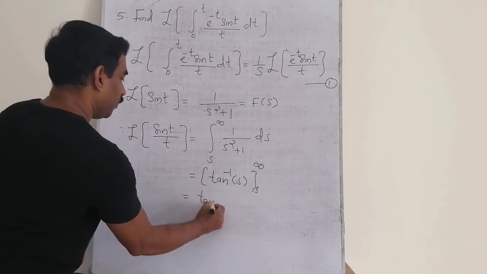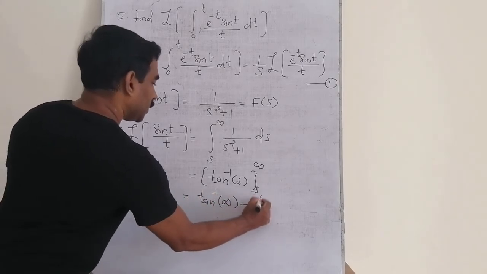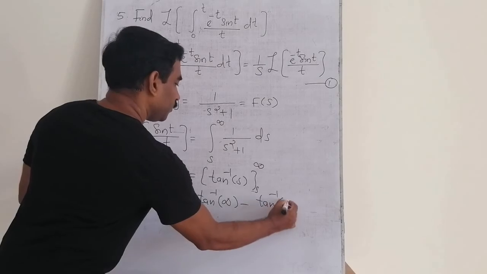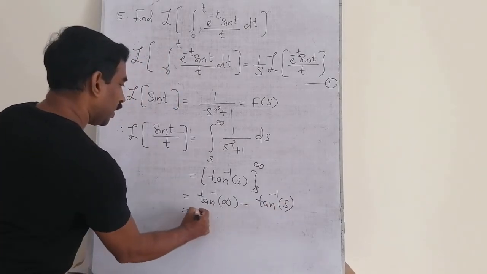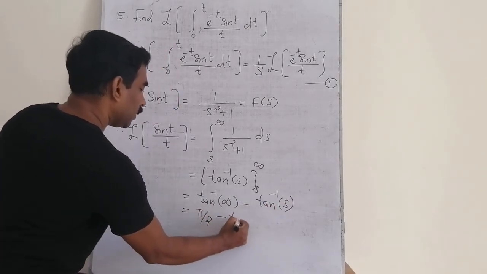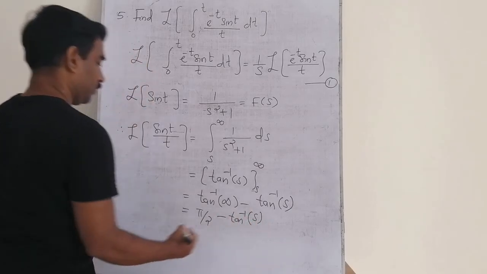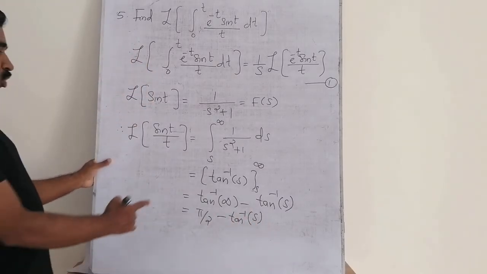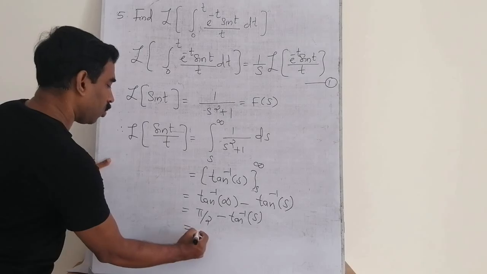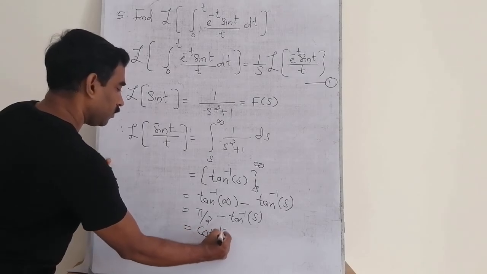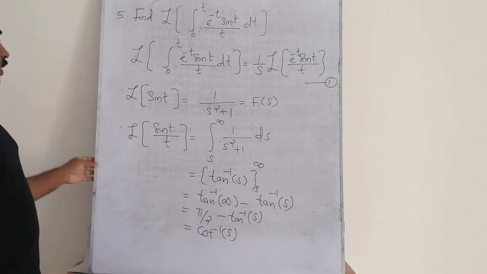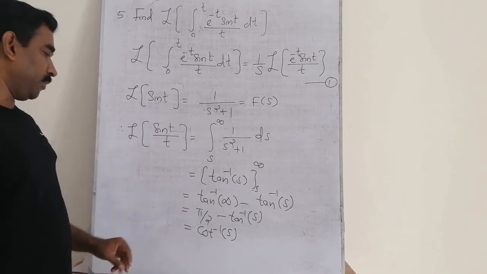That is tan inverse infinity minus tan inverse s. And tan inverse infinity is pi by 2, so pi by 2 minus tan inverse s. And what is this? This is cot inverse s. So that is the transform of sin t divided by t.